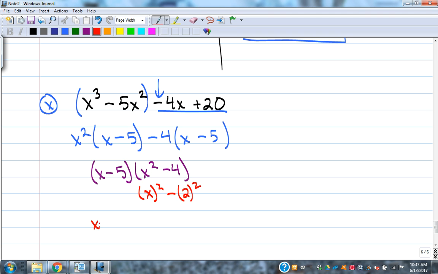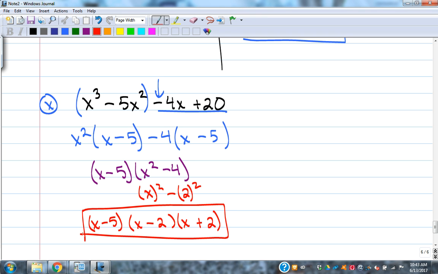So that means I'm going to have x minus 5, and then what are these other 2 factors? Because this is a difference of squares, I can factor it using the difference of squares method. X minus 2 and x plus 2. And there is one that's factored completely.